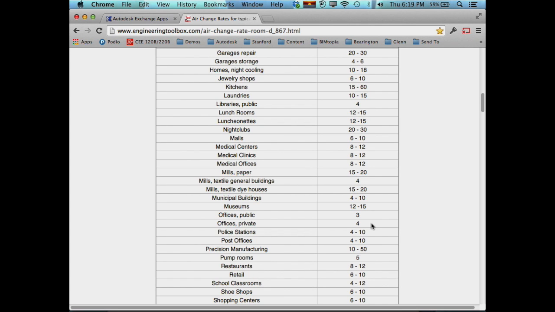So what we actually try to do is bring in a little bit of fresh air as we're going through, and we'll figure out what that percentage is. It might be 10%, it might be 5%. We bring in a little bit of fresh air, and at the same time, I can't pump all the air through. What I have to do is a little bit of exhaust.